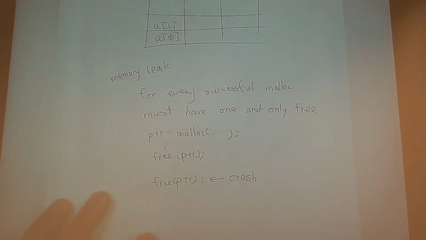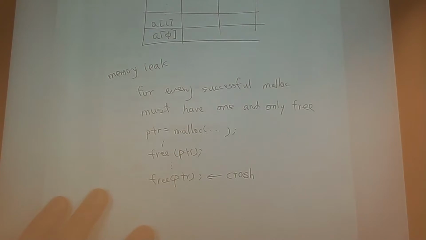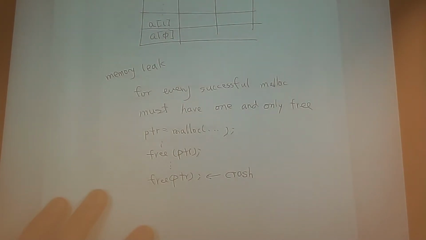So if you say ptr equal to malloc something, and then sometimes you say free ptr, and then for some reason you say free ptr again, your program will crash. Guaranteed.